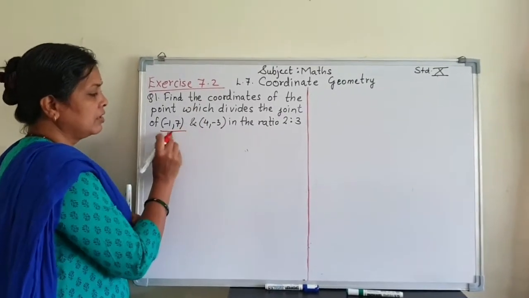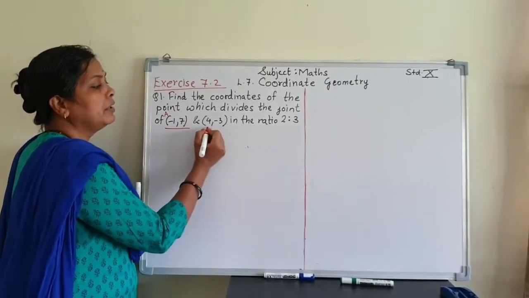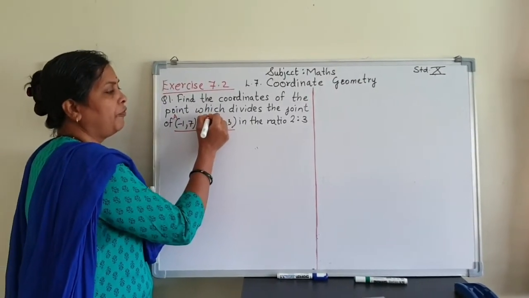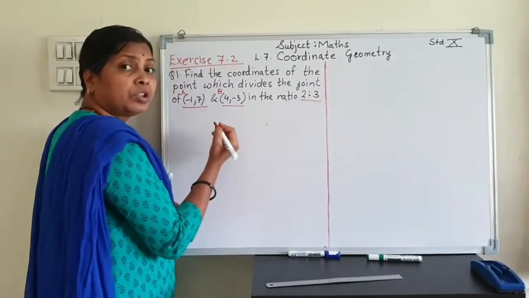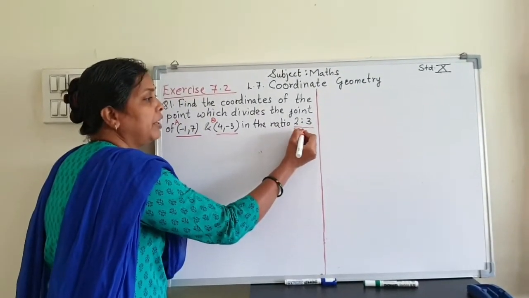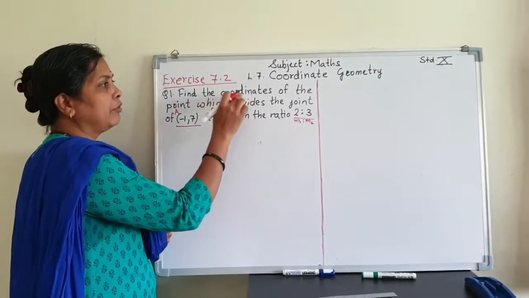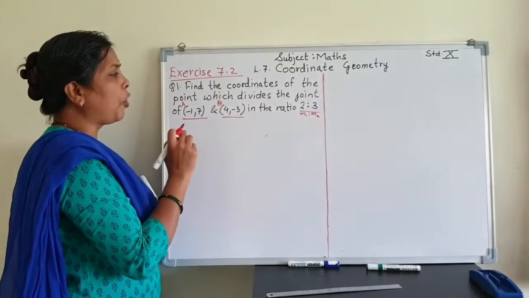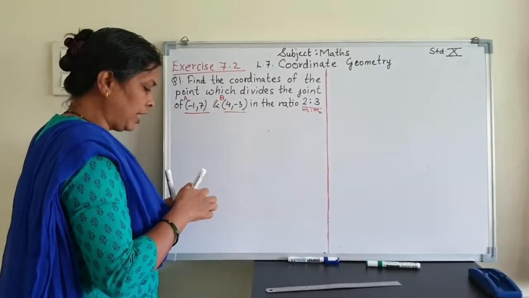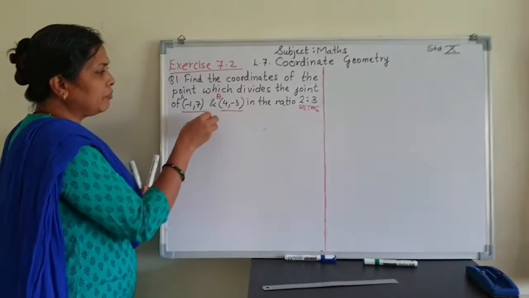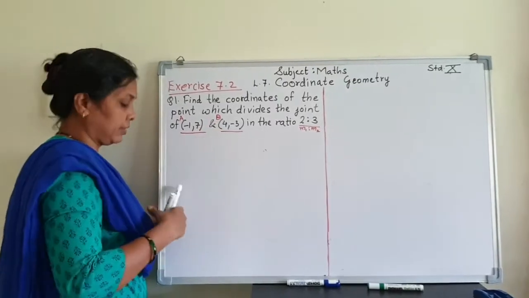They have given us the coordinates of point, let's say A, the coordinates of point B, and the ratio 2:3, which is M1:M2. And we have to find the coordinates of the point that divides AB in this ratio. So from the sum, we should know what all things they have given us and how we have to use these things.